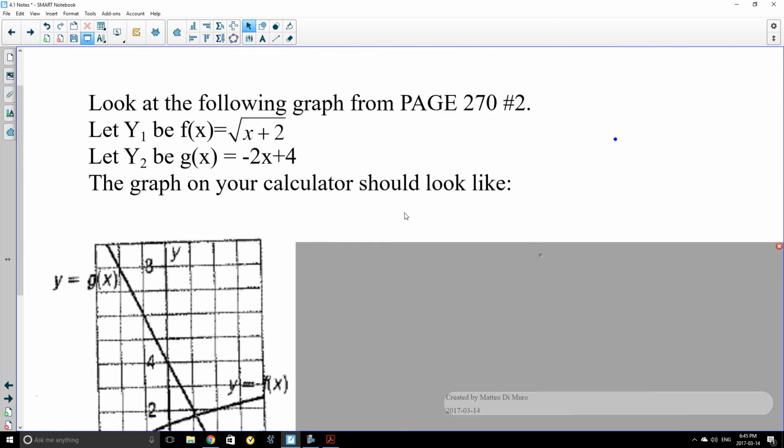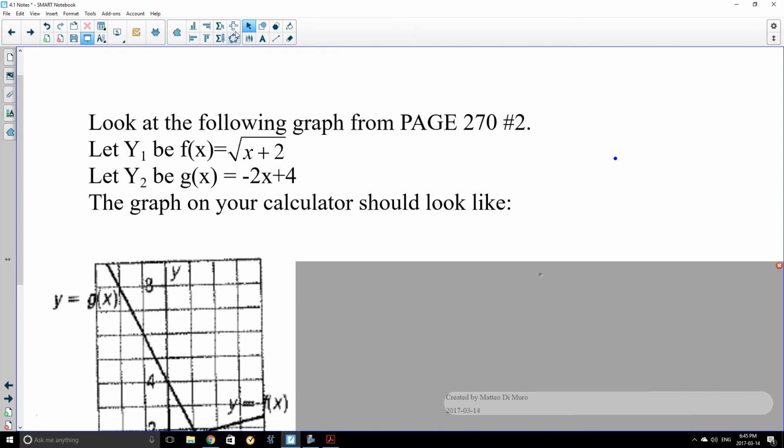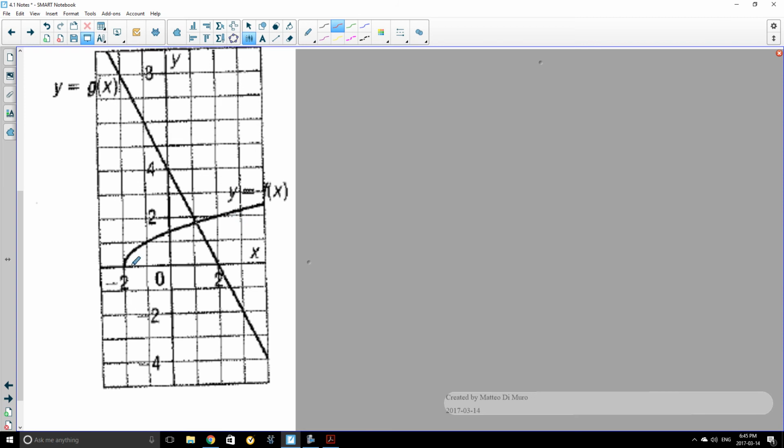Doing my best. So that's f of x. And then we got a nice line, negative 2x plus 4, which I will just leave in black because that looks hard to highlight. Let's sketch a graph of f of x times g of x.